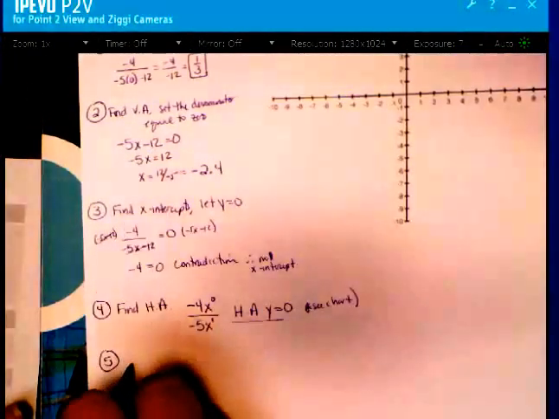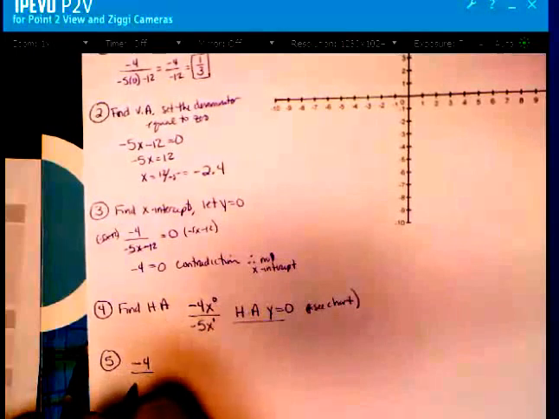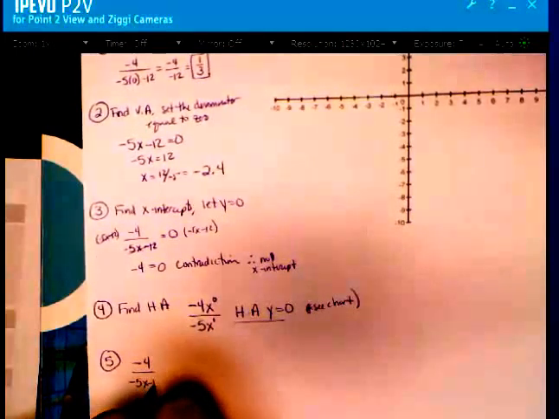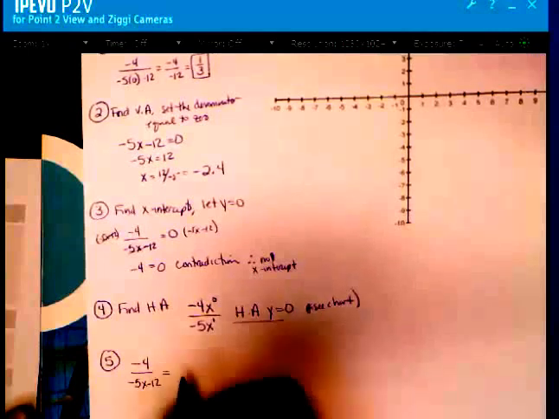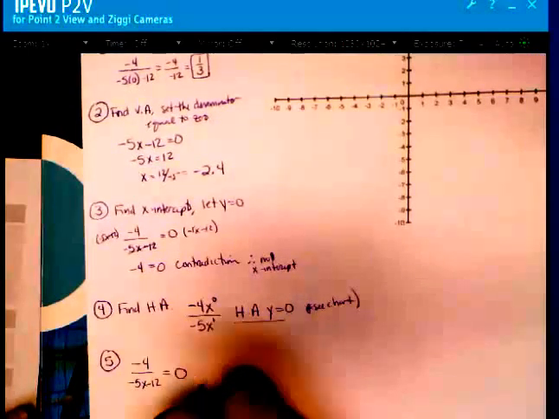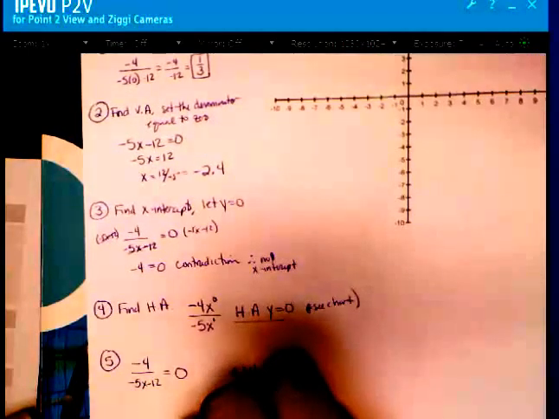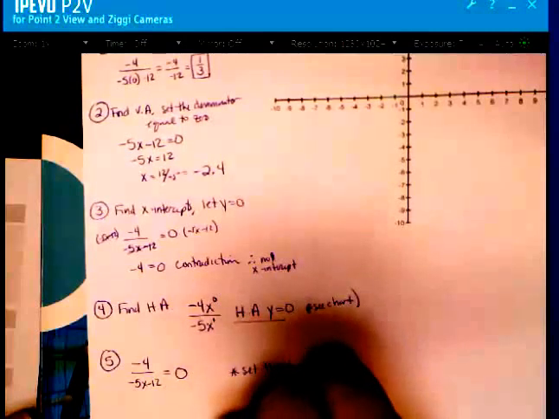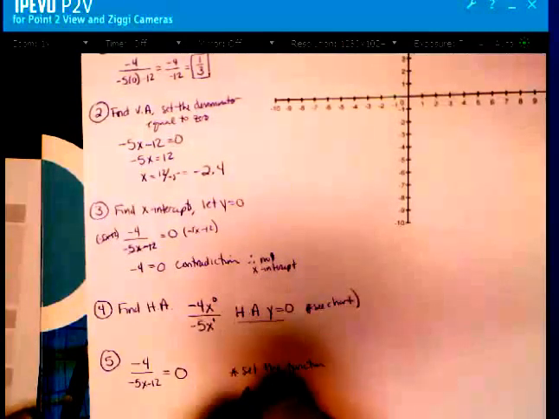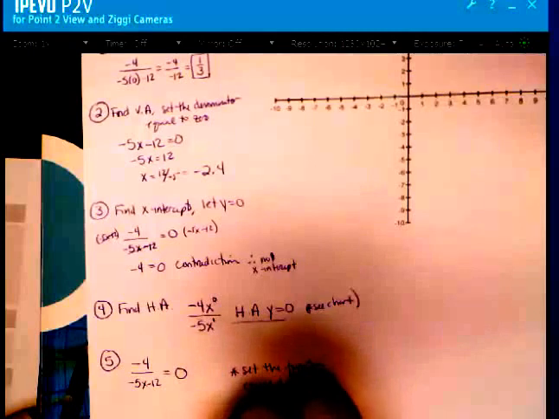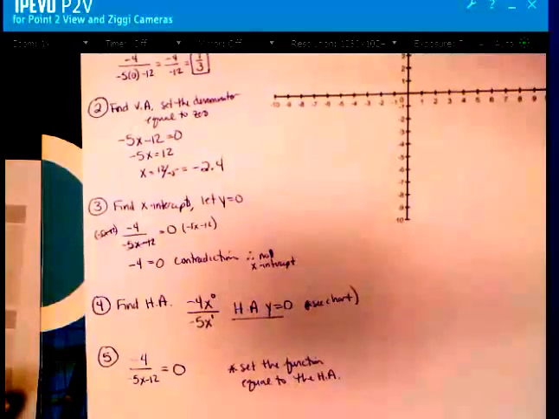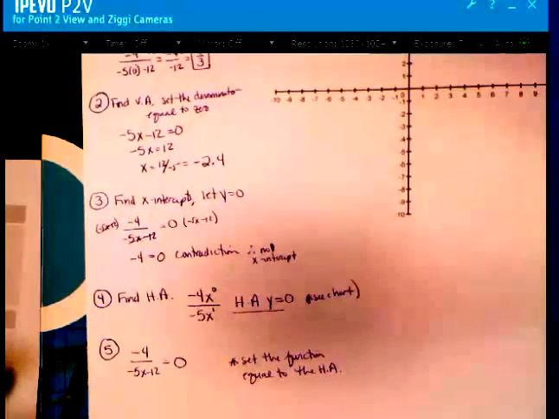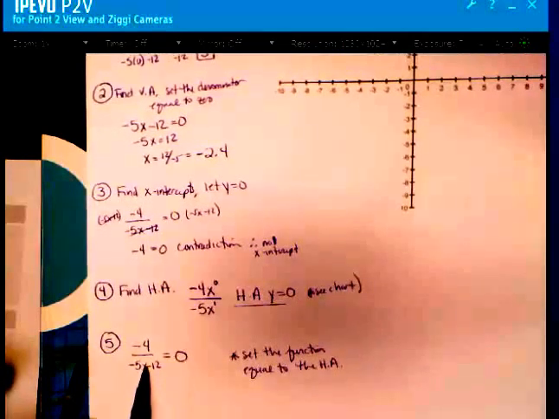So what we're going to do is take our equation, negative 4 over negative 5x minus 12, and set it equal to our horizontal asymptote. So I'll put that in words. We're going to set the function equal to the horizontal asymptote.